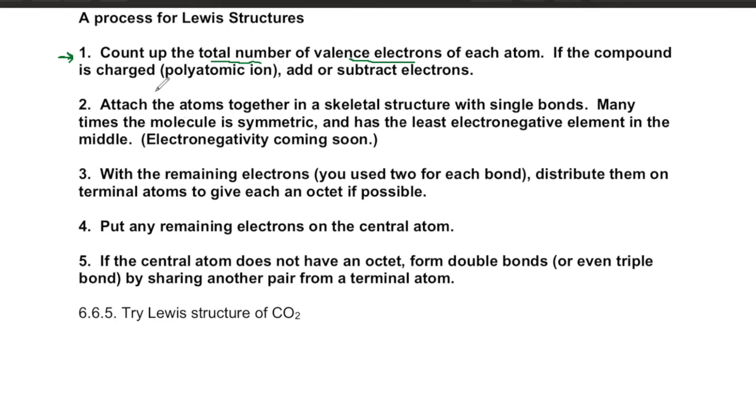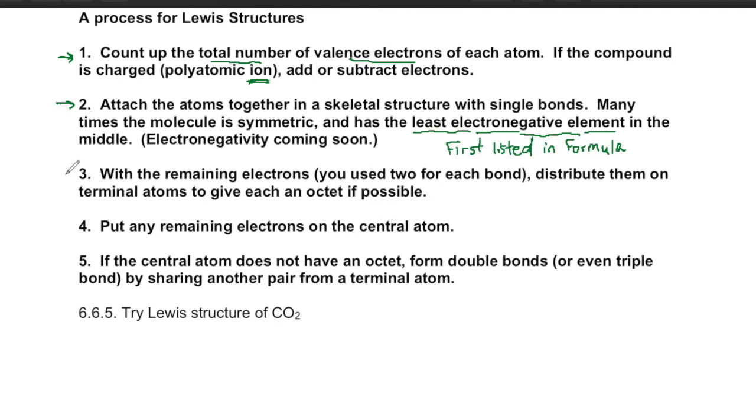Once you have the total number of valence electrons, some of the ones that we are going to do are ions, so you have to make sure you account for those electrons as well. Then you attach the elements together using single bonds. Try to attach them together in a way that's symmetric. So the least electronegative element is usually the first one that's in the formula as well.